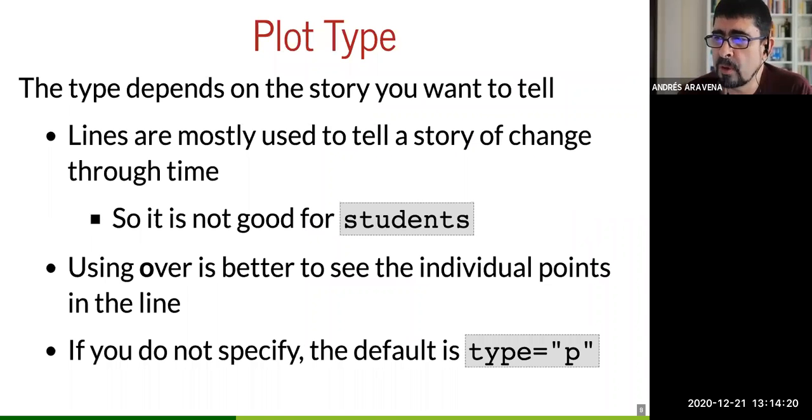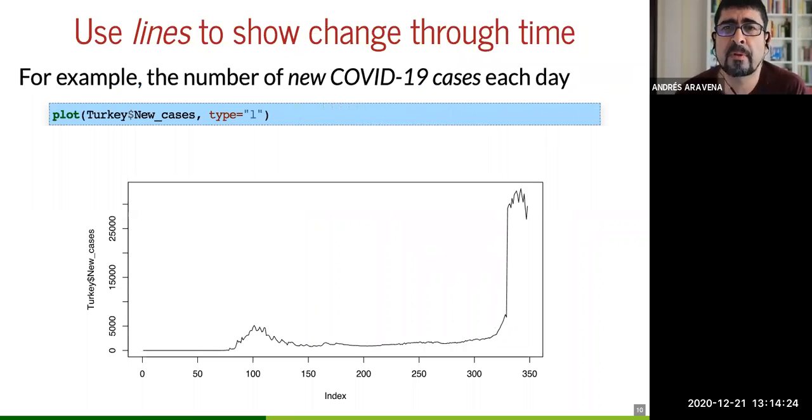So one example when you do want to use lines is something that changes with time. For example, COVID cases. This is probably data from Friday. I didn't update it today, but here the line is telling a story. And maybe I want to make a pause here. The purpose at the end, as we say, is to write a paper.